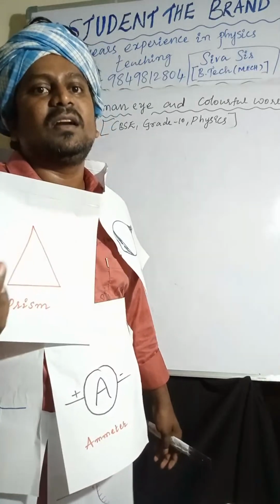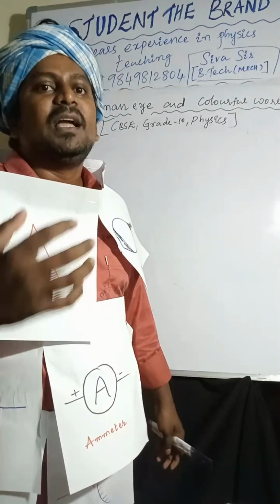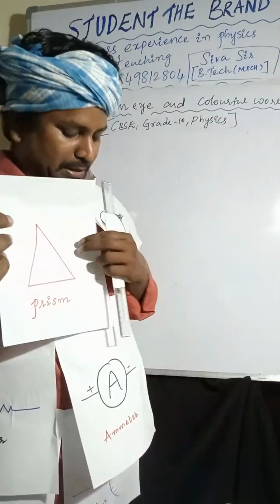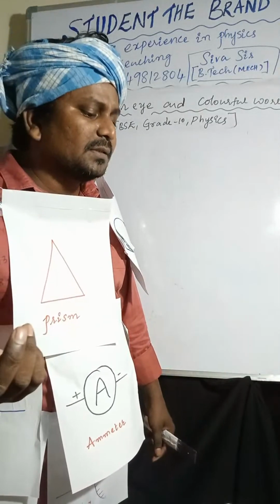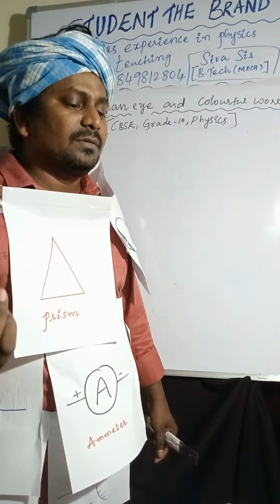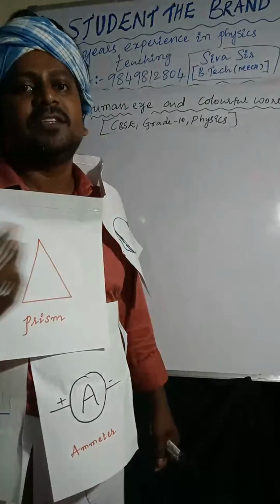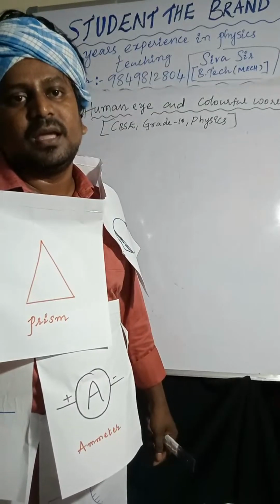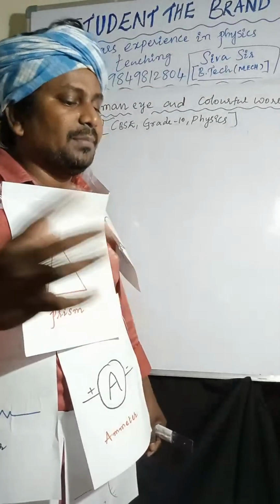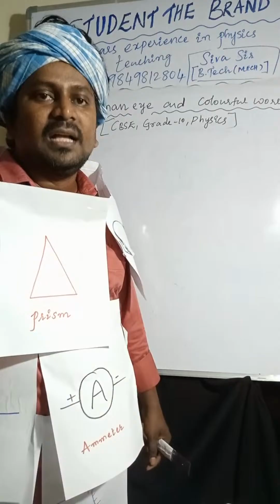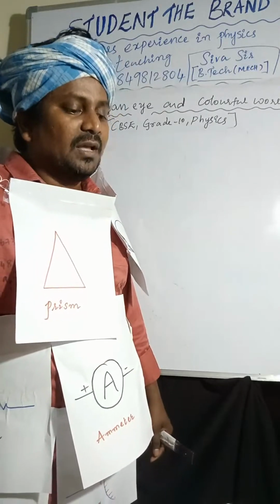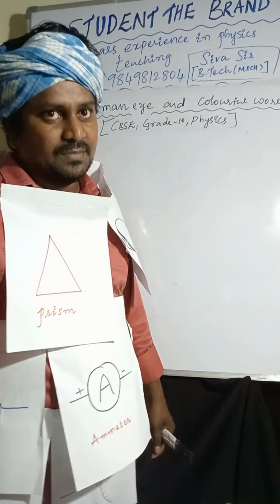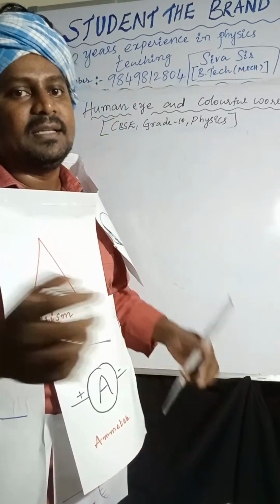If the light rays are not refracting properly, the image will not form. Because of that, sometimes we can't see nearby objects and sometimes we can't see far distance objects.